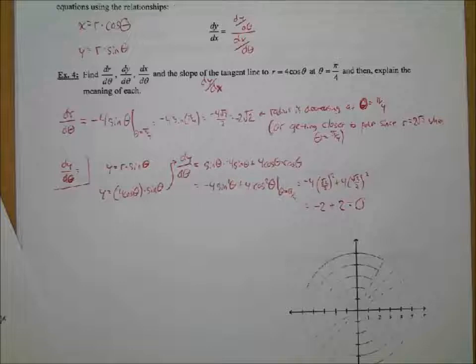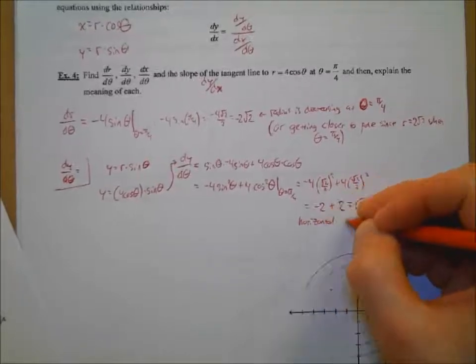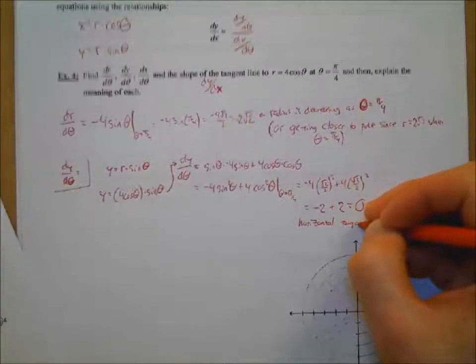So a derivative equal to 0 means what? Horizontal tangent line in this case. Yeah, we have a horizontal tangent to our curve.